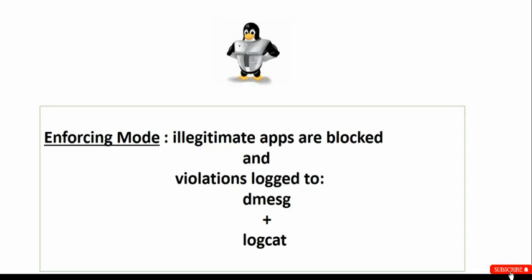So now in enforcing mode, whenever you do security research on Android platforms, the illegitimate actions are prevented by default and attempted violations are logged by the kernel to dmesg and to logcat. Okay. Android device manufacturers should gather information about these errors so they can refine their software and their own SELinux policies before enforcing them.